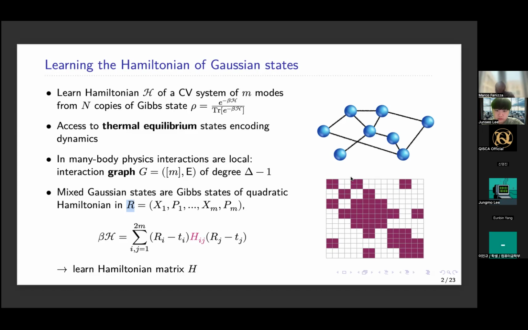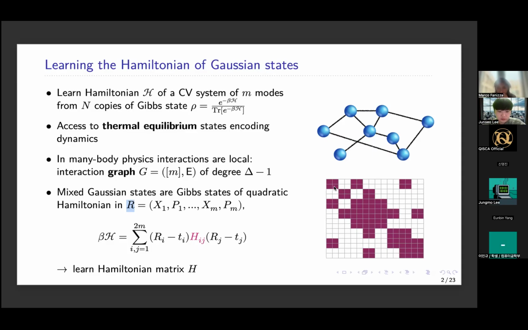And the graph and the sparsity of this Hamiltonian can be represented through a graph. So this picture here would be an example of a sparsity structure for such a Hamiltonian, where each mode of the system is associated to a pair of position and momentum operators.